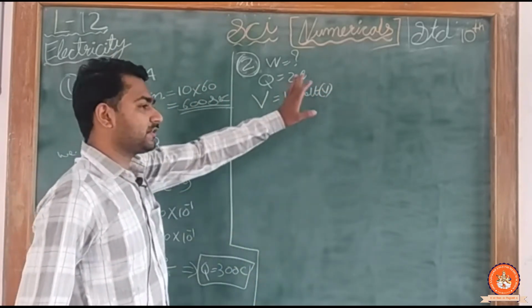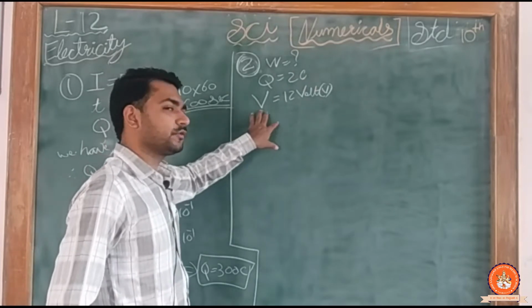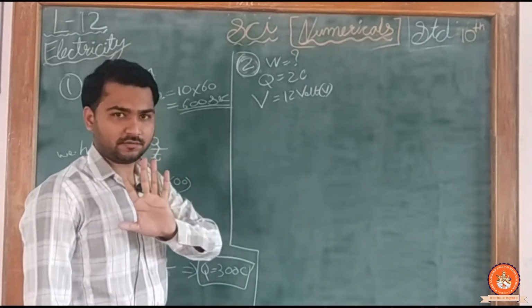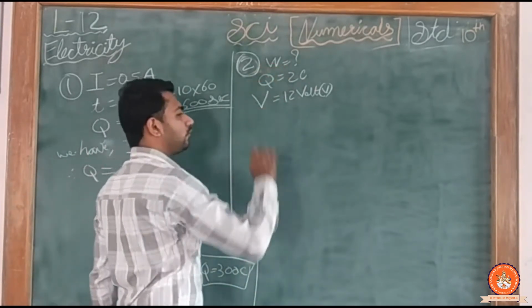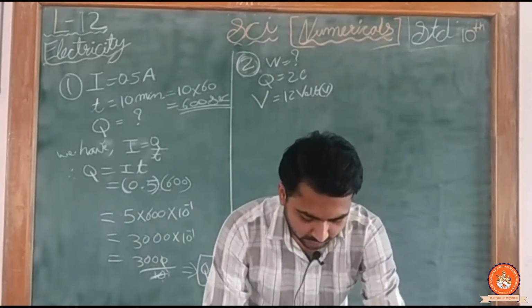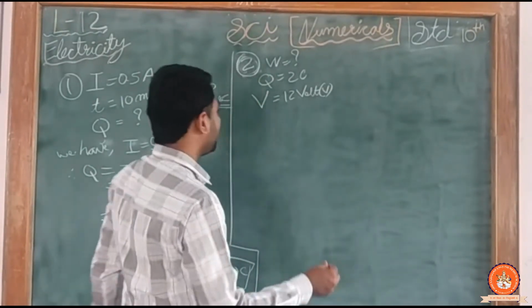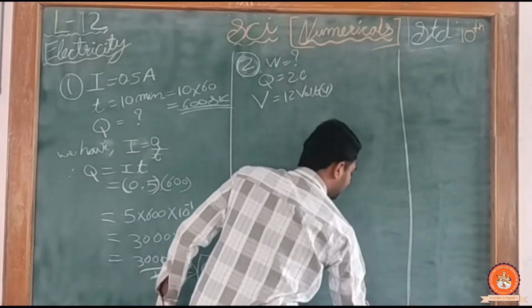ठीक है, पोटेंशियल डिफरेंस का सिंबल और उसका यूनिट एक ही है, V ही है. Now here you have to find the W. So what is the formula for W? We have already discussed in the theory.